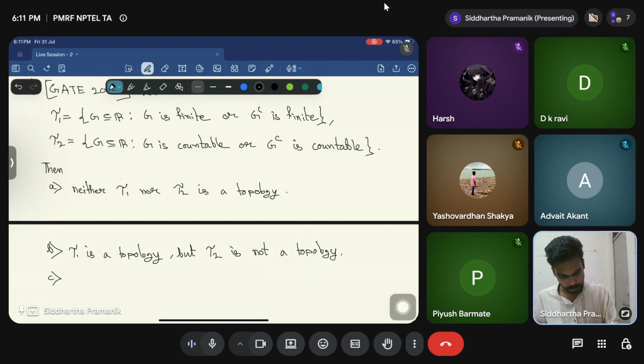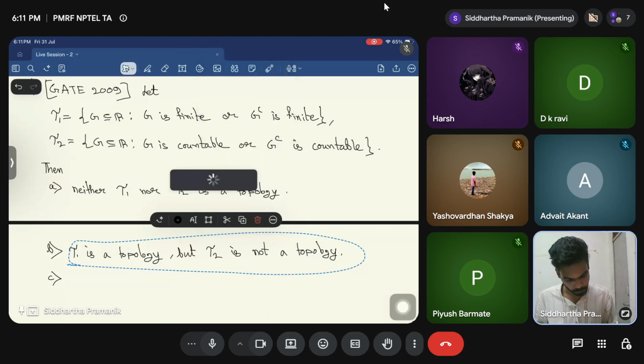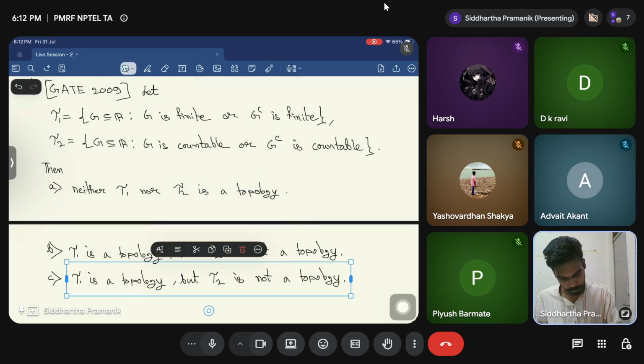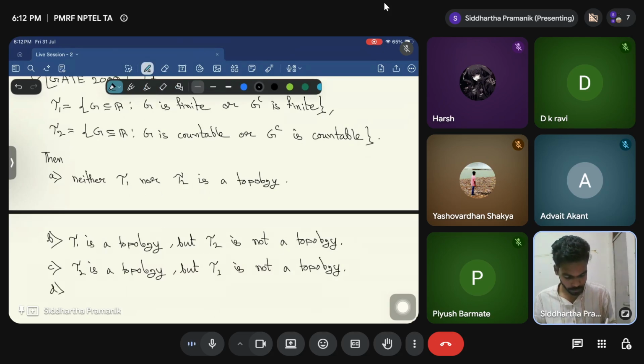The third one is the other way: tau 2 is a topology and tau 1 is not a topology. And the last one is that both tau 1 and tau 2 are topologies.